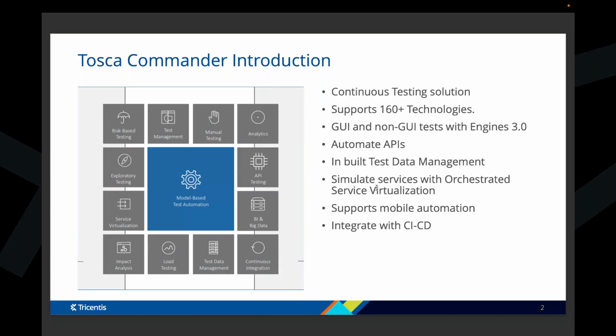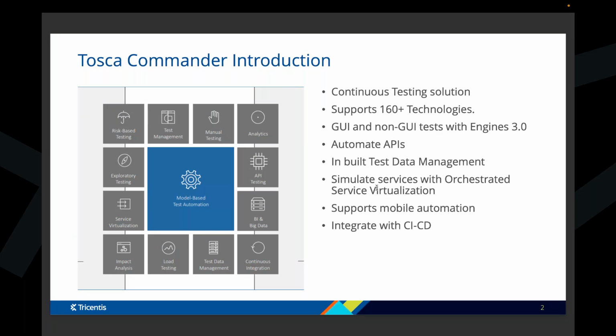Tosca is the best example of model-based testing. It's a completely codeless approach of testing the application. If you have zero coding knowledge, or you're coming from a non-technical background and want to automate an application, automation used to be all about coding, so you had to know the basics of programming.